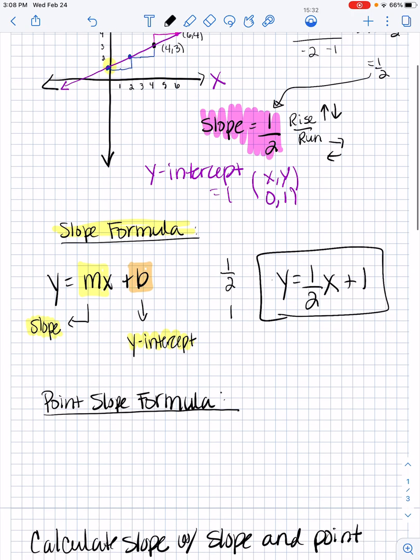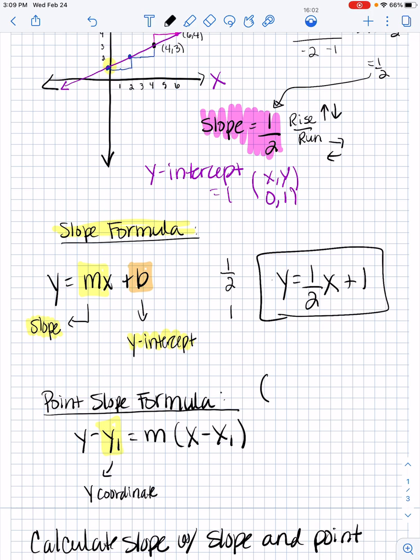The other formula that you will see is the point slope formula, and it looks like this: y minus y1 equals m times (x minus x1). So I'm going to label these. The y1 value here is the y coordinate.